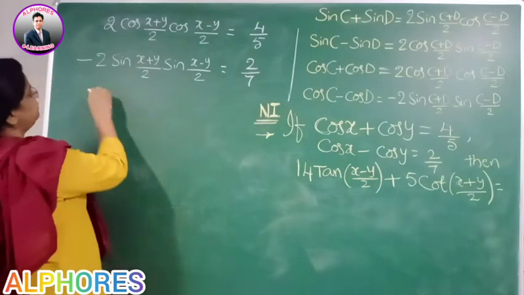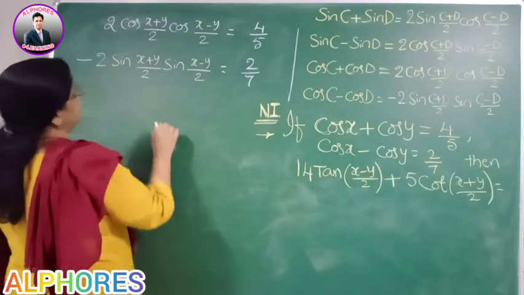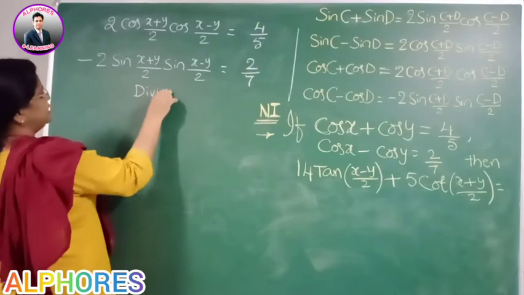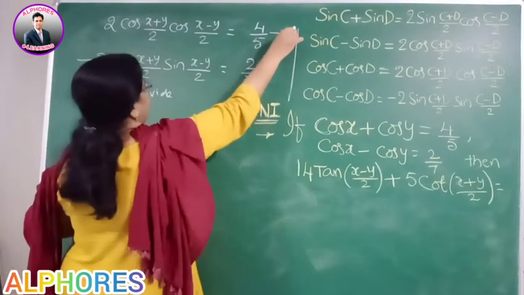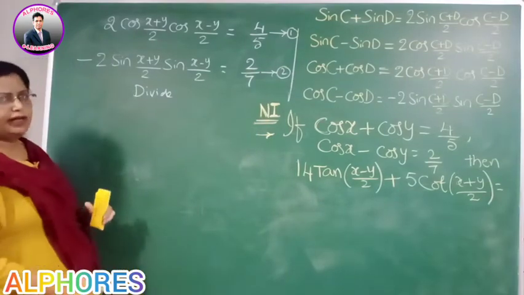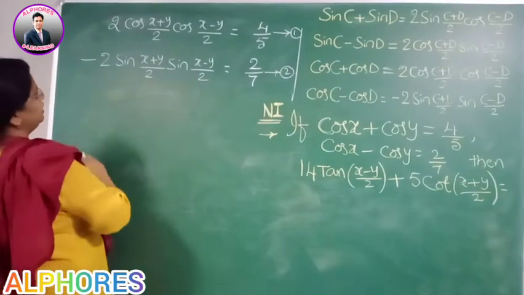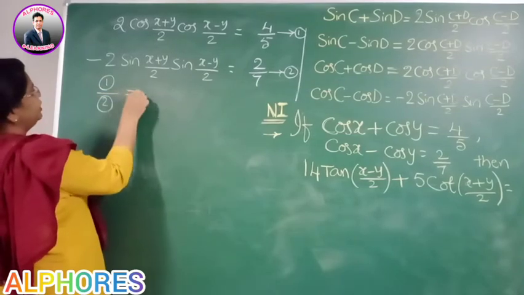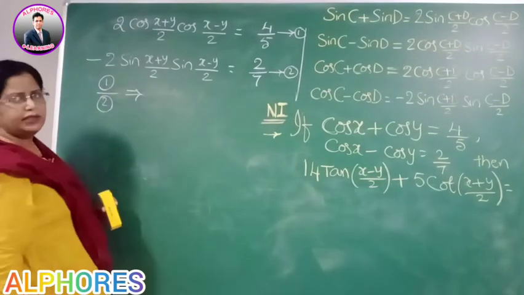Therefore students, let us use these two equations and divide. Let us take this as equation 1 and this equation as 2. Now you are writing 1 divided by 2. So 1 divided by 2 implies what is the value? Now 2 and 2 get cancelled.